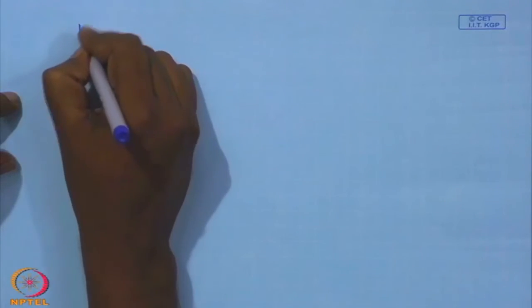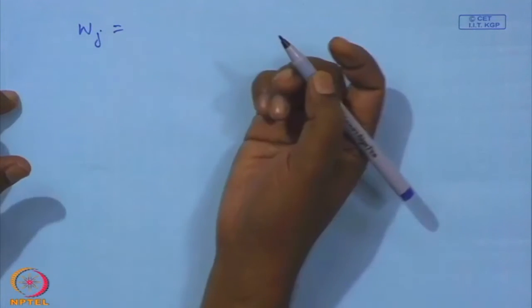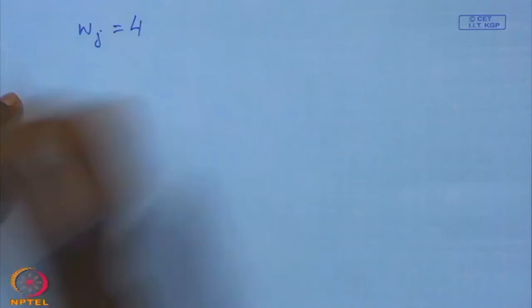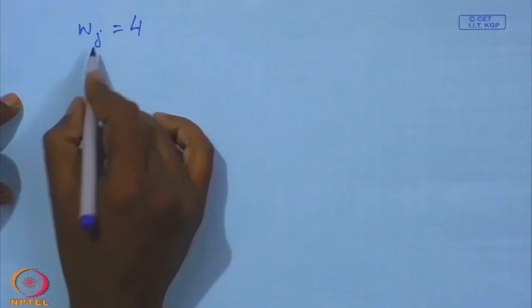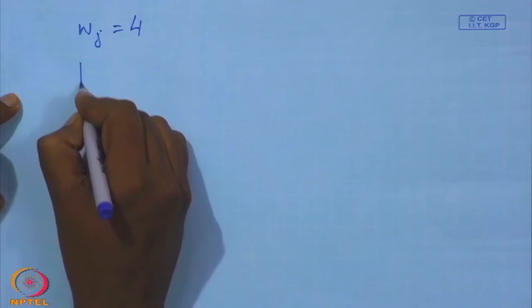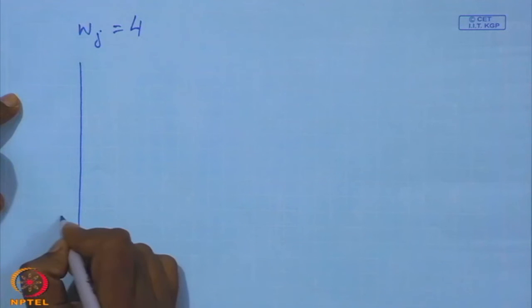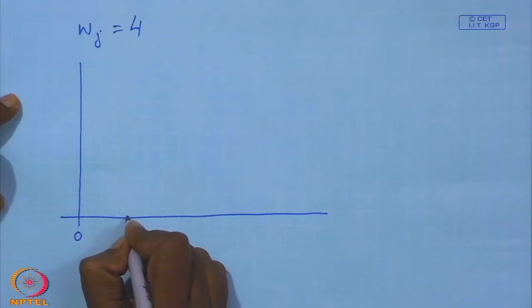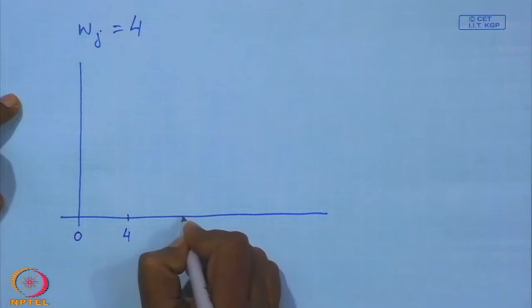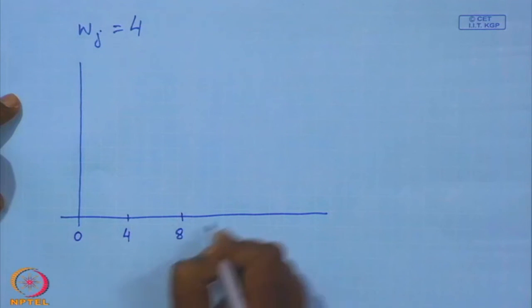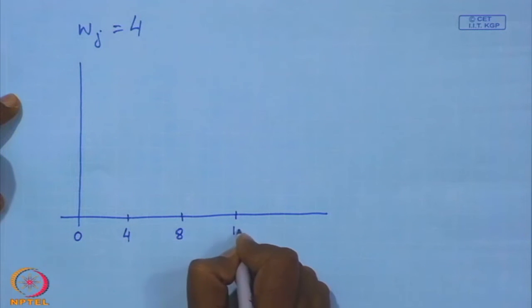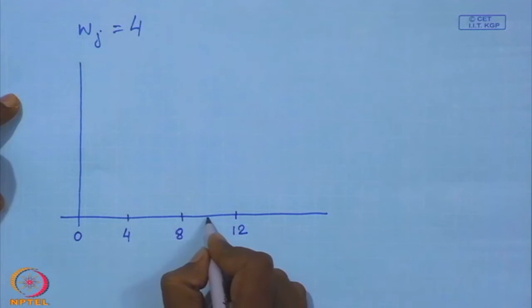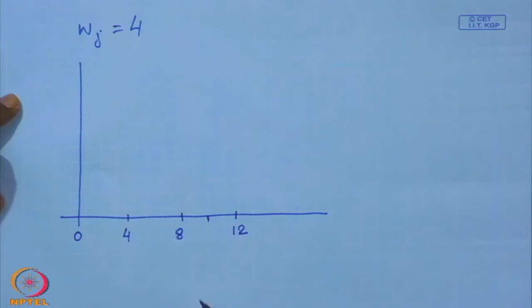Let me assume that I have bin width W j equal to, say, 4, and that is the same for all j. So, the situation is something like this: 0, 4, 8, and the next bin boundary is 12. So, I have only 3 bins, though my actual range of x is up to 10.